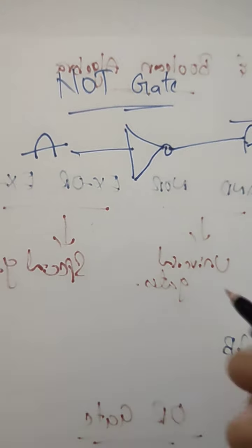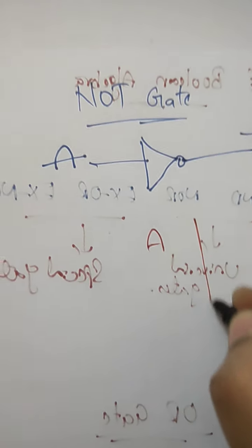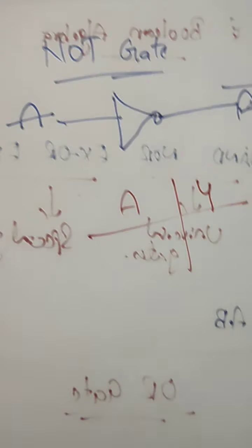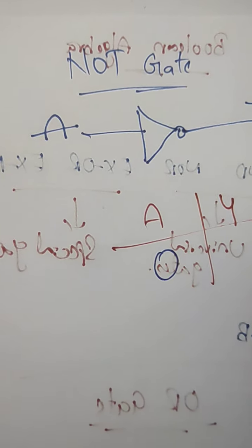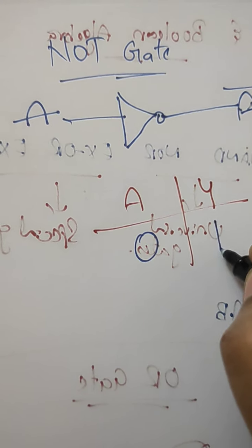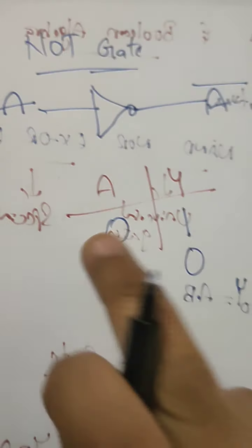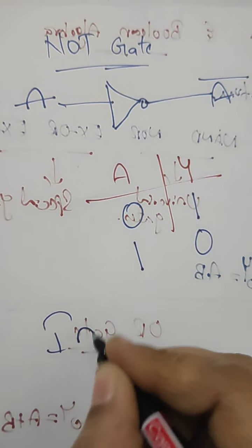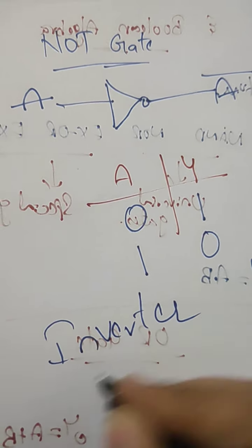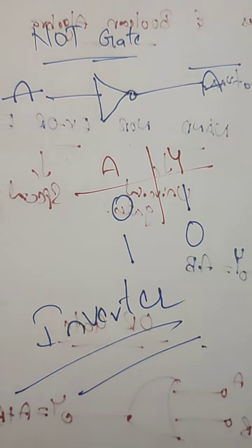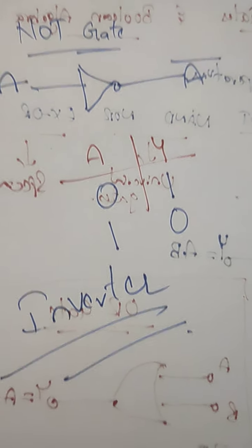The truth table is A and Y: if A is 0, output will be 1. If A is 1, output will be 0. It acts like an inverter. These are the things about the basic gates.